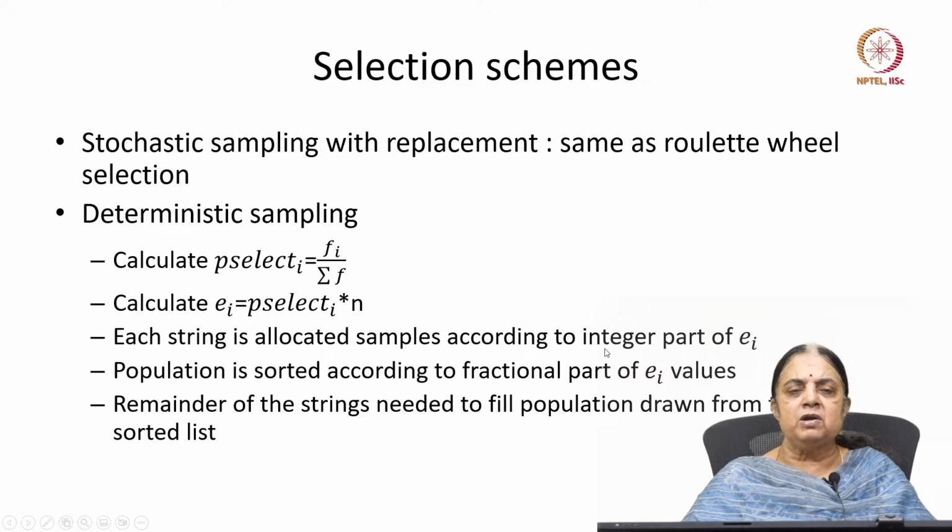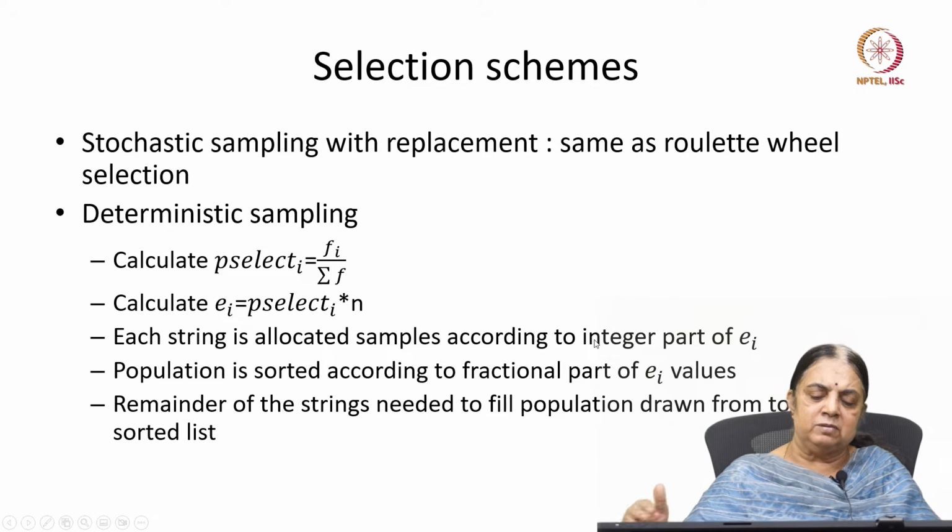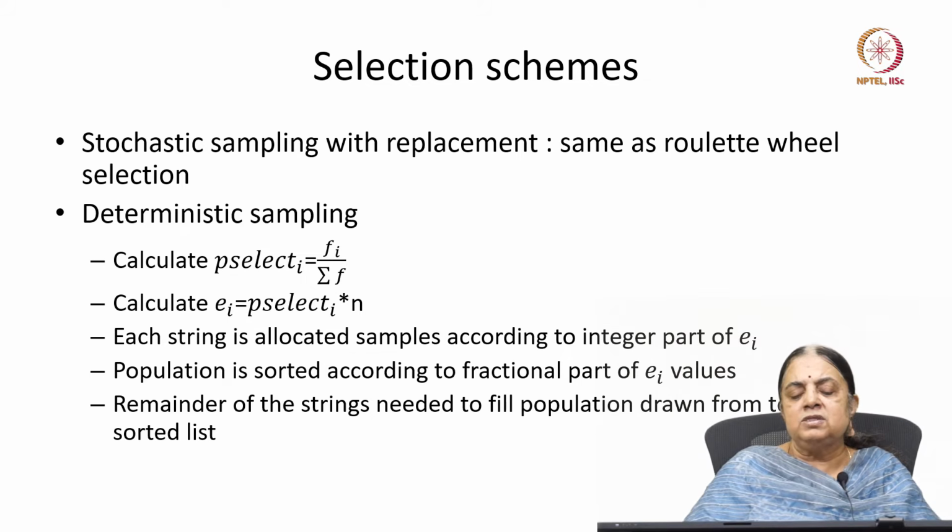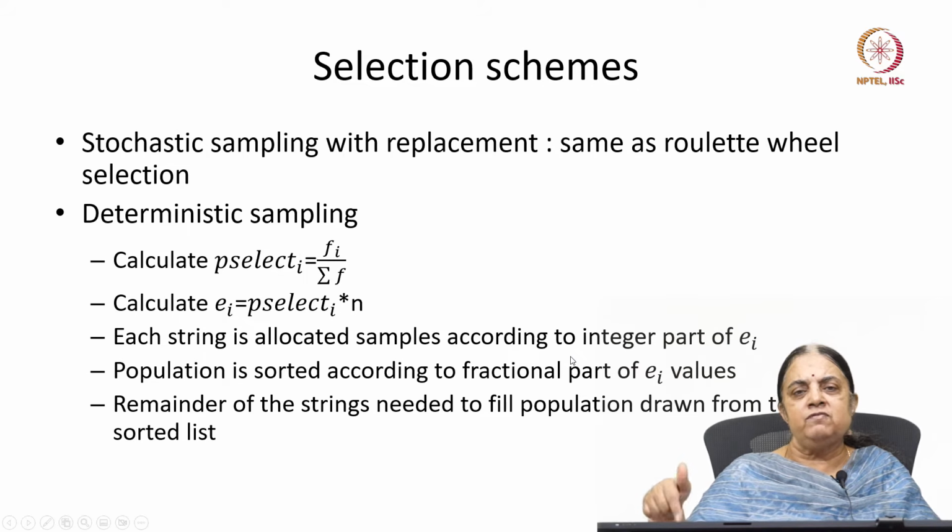So the integer part may be 1, or it may be 2 or 3. Whatever number of samples the integer part says, you put so many samples into the next generation. And then you take only the fractional part and sort those out.